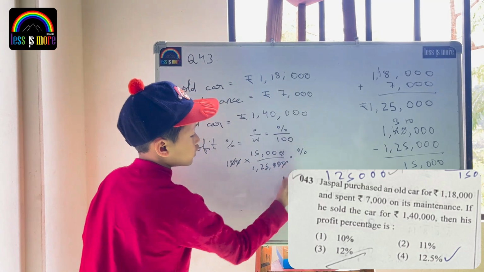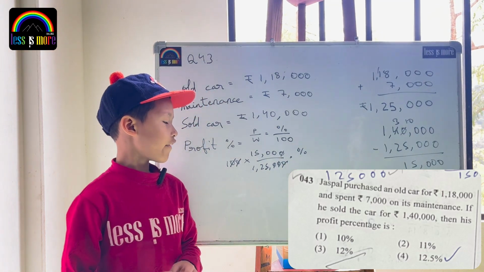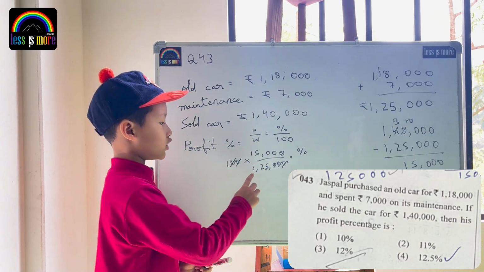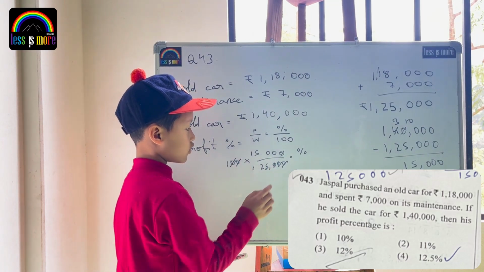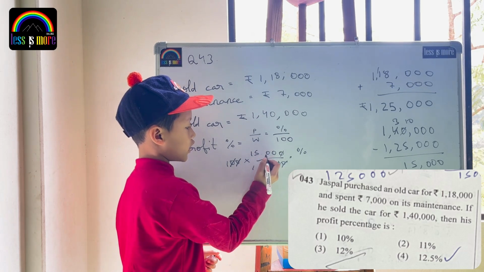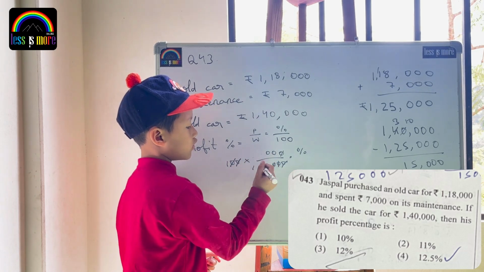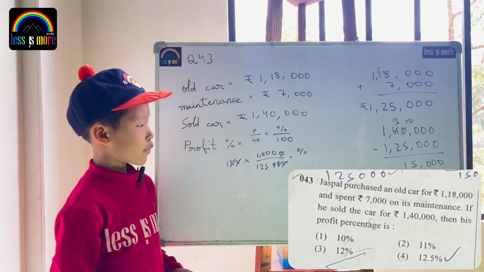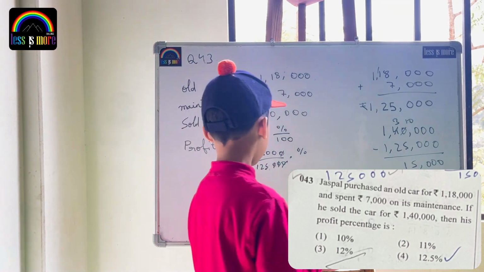And now all that is left is 15,000 by 125. 1,500 by 125. We have to divide.